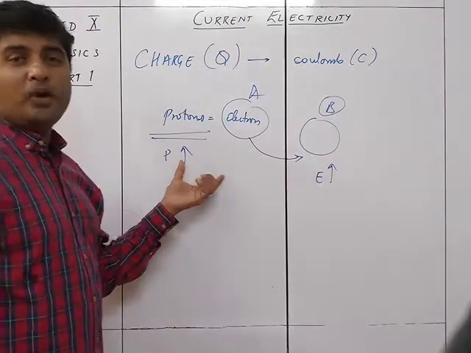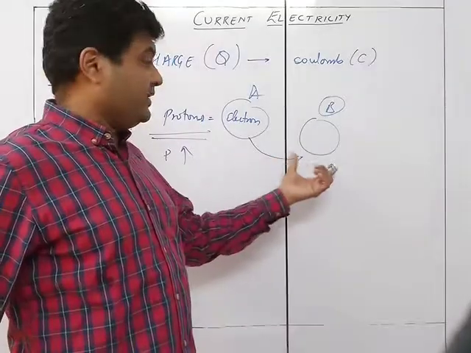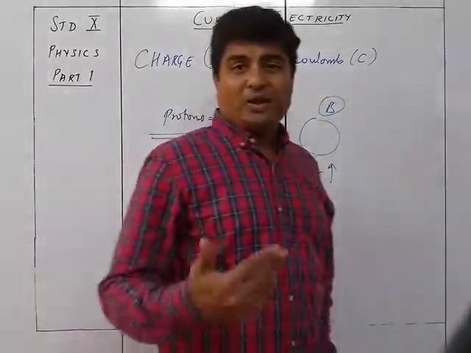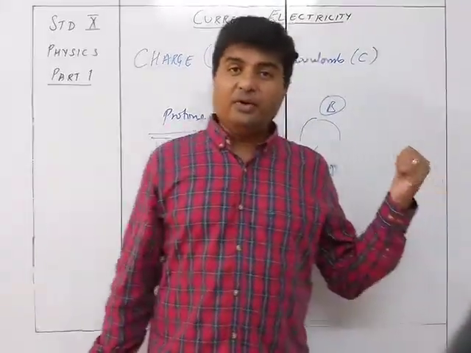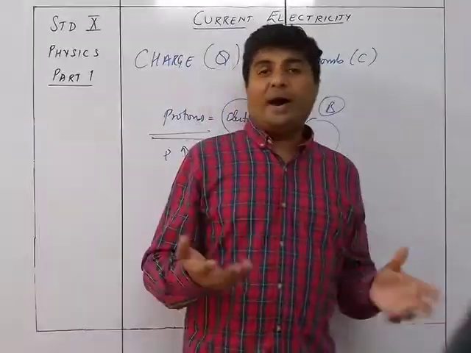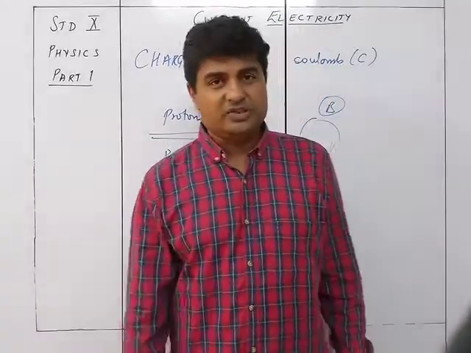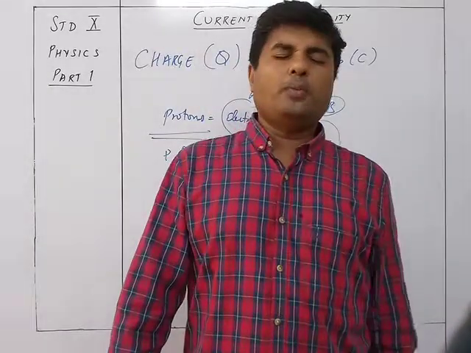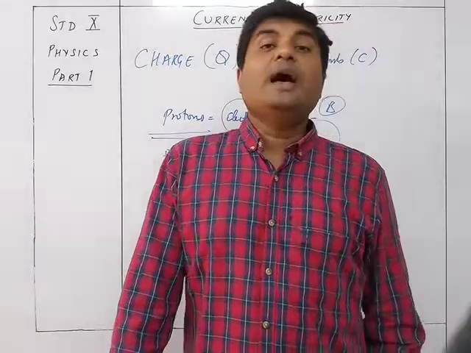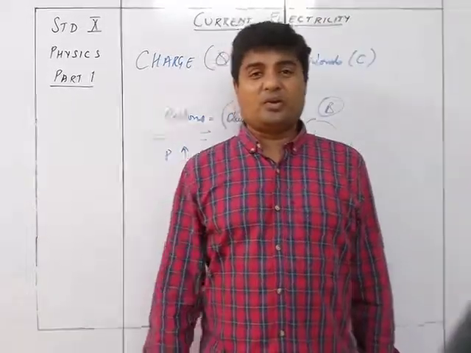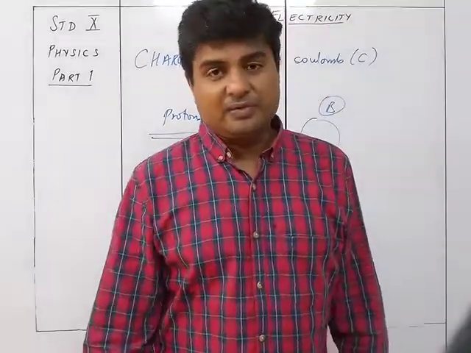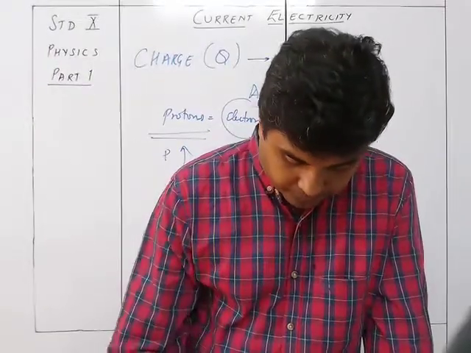So here the positive charge will be 25, whereas here, because electrons are added, this will be negative 25. Accordingly, the one which has a deficit of electrons is called a positively charged body, and the one which has an excess of electrons is called a negatively charged body.